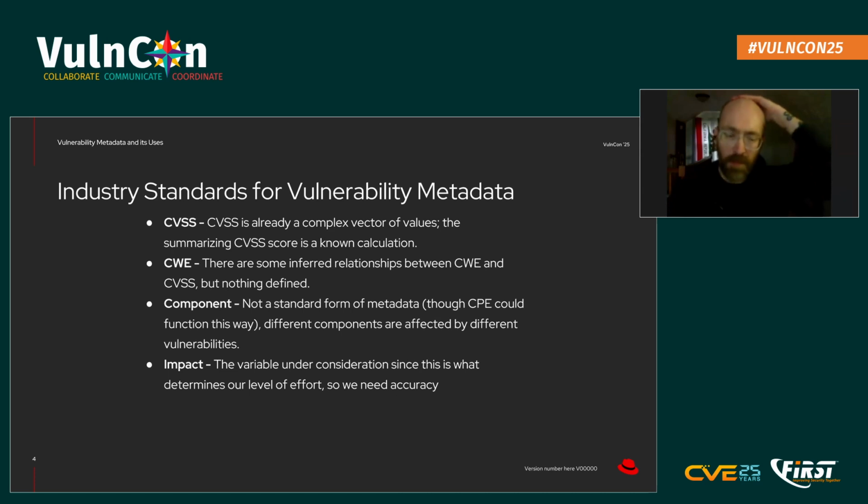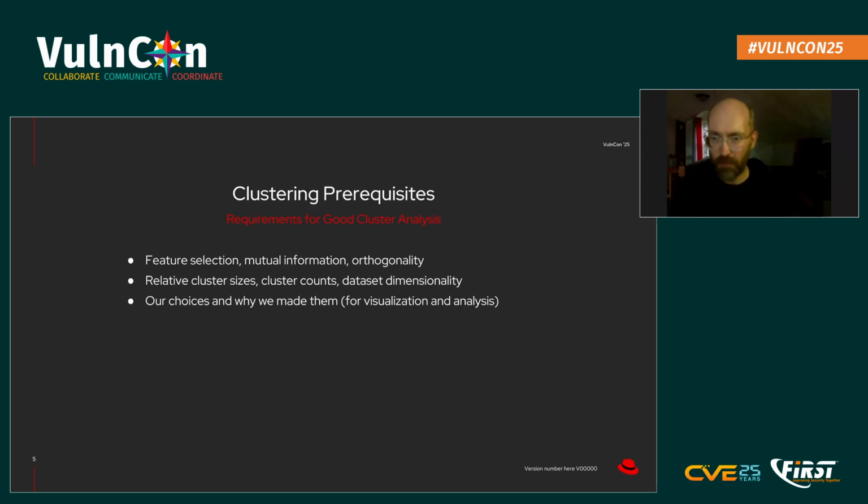So being able to get impact correct is very important for us, both to save ourselves unnecessary work if we classify something as too impactful, or to avoid having to rush later to fix something if we recognize later that, no, actually this flaw that we thought was moderate is important. So that's our challenge. And we're going to take a look at how we're going to use our metadata to answer that question. Next slide, please.